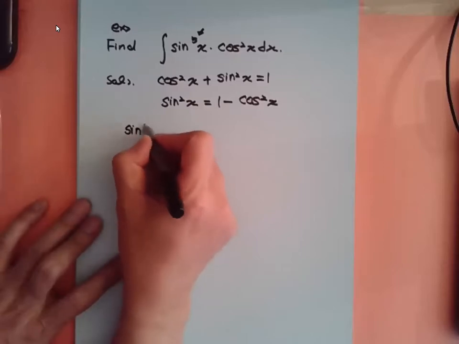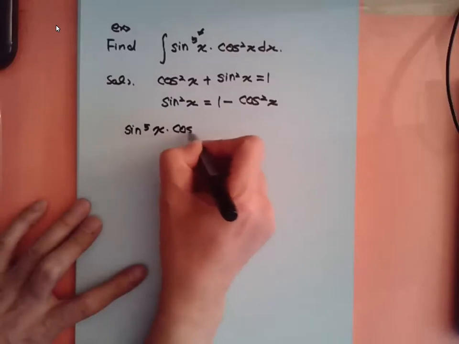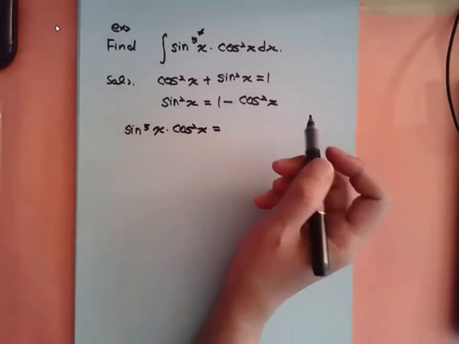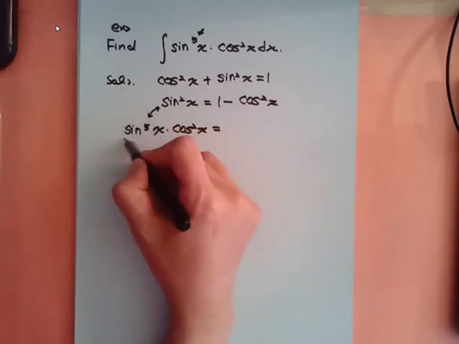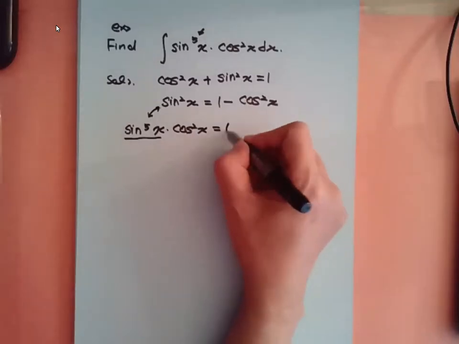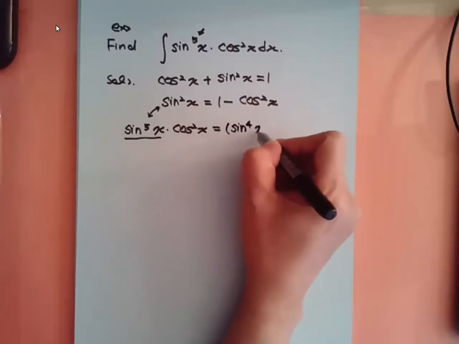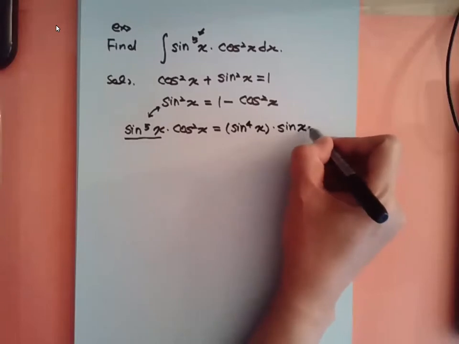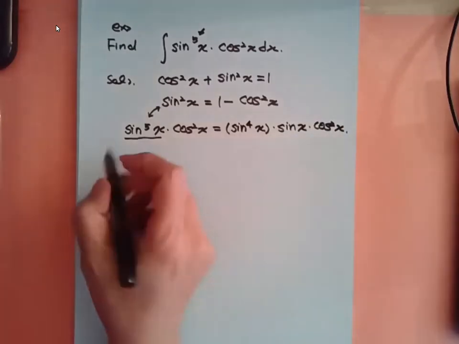Let's just start with sine fifth power x times cosine square root of x. Then when we relate this one, sine to the fifth power can be expressed as sine to the fourth power x times sine of x times cosine square root of x.